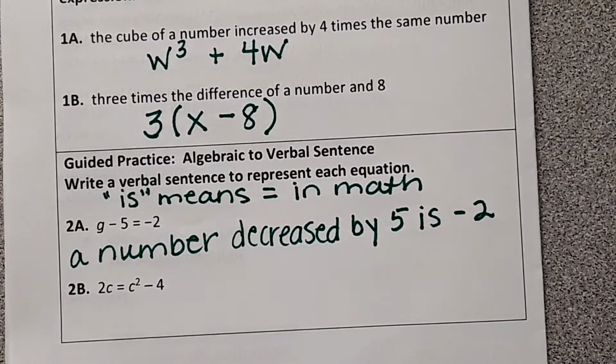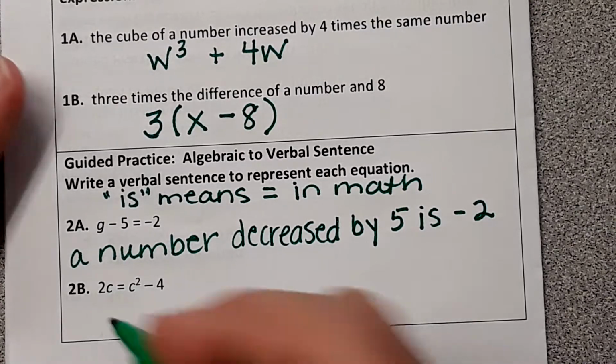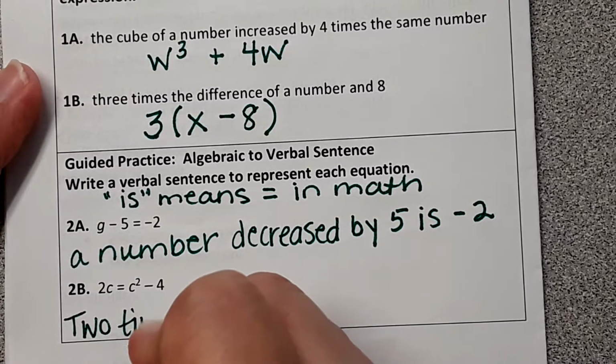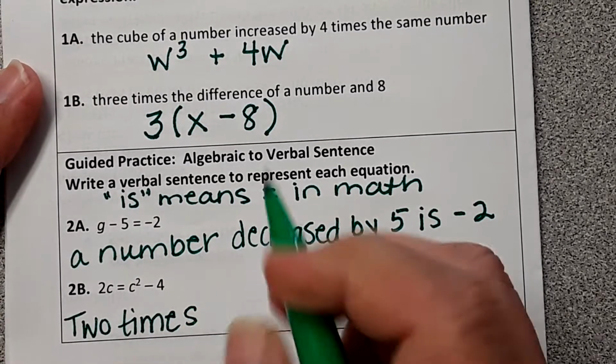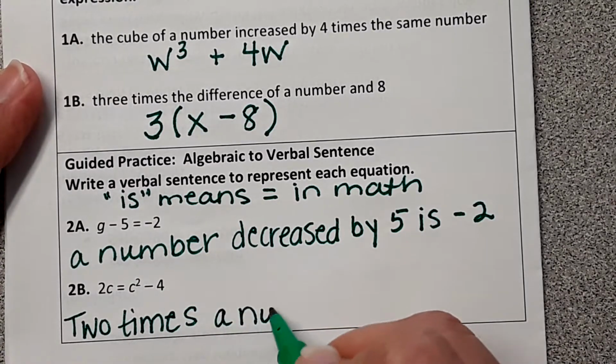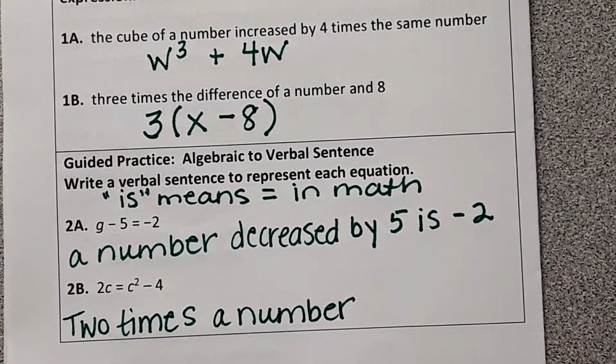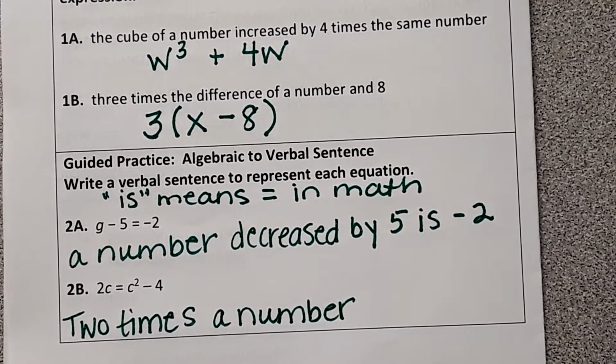Twice. You could use twice. You could say twice a number, 2 times a number. So we wrote 2 times a number in first period. Twice a number, 2 times a number, 2 multiplied by a number.